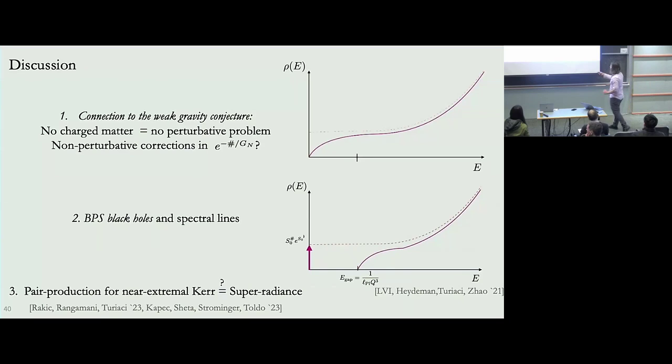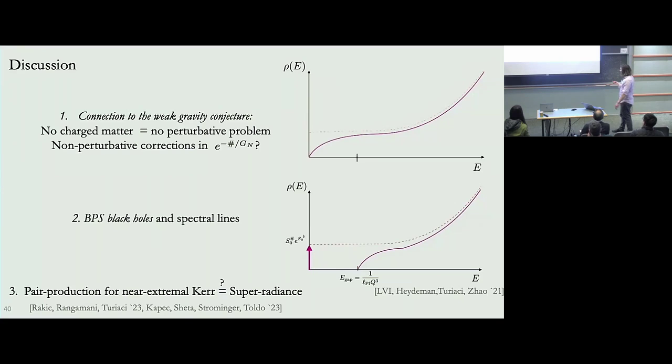Namely, if you end up very close to extremality and you radiate neutral particles, you should see that you will only emit particles that have the energy given by this gap. So I suspect that if you do the calculation for BPS black holes, you should actually see this gap as a spectral line in the Hawking radiation, just like we did for the hydrogen atom.